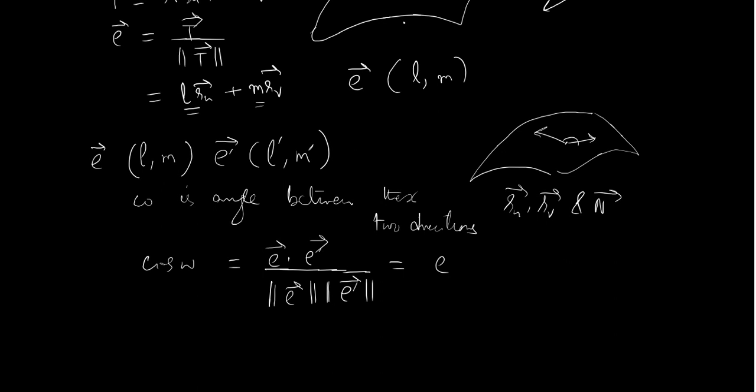That means it is just e dotted with e prime, and if I write the components of e and e prime, it is basically L times r sub u plus M times r sub v dot product L prime times r sub u plus M prime times r sub v.